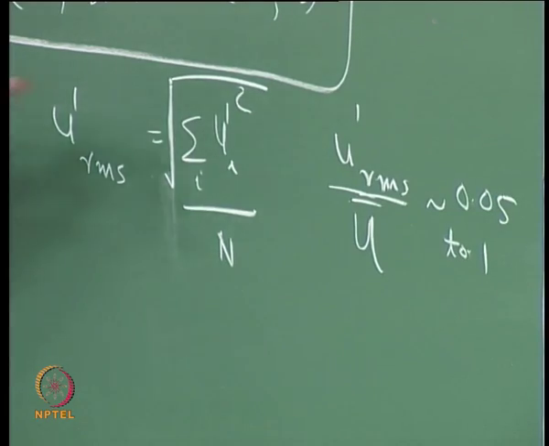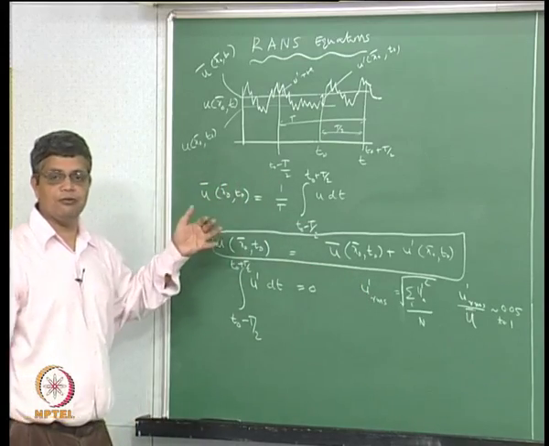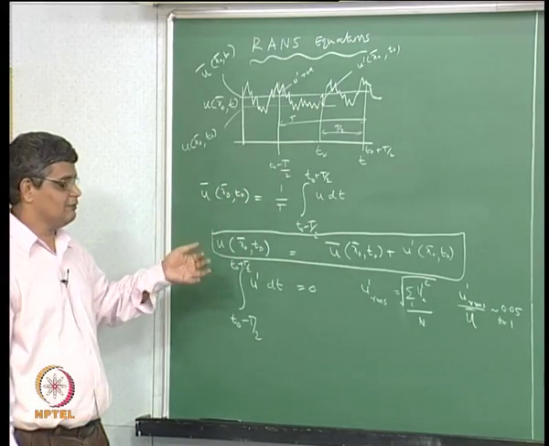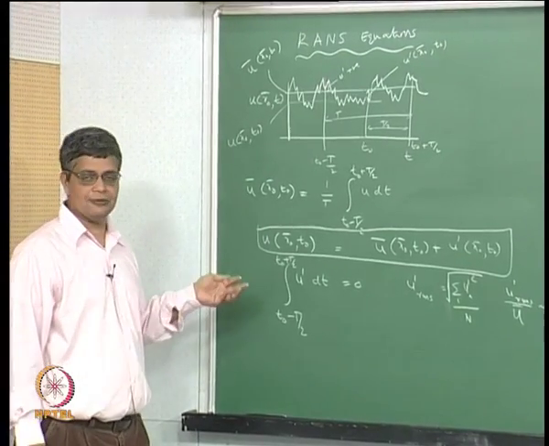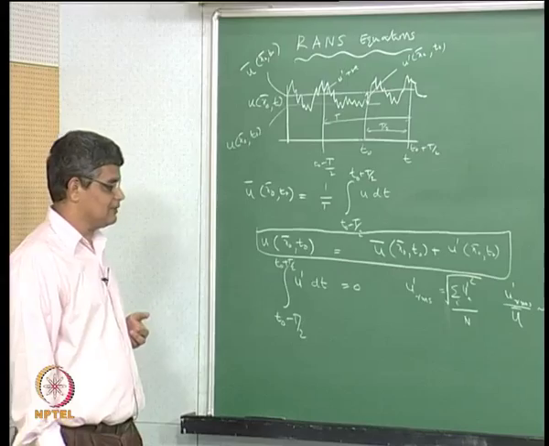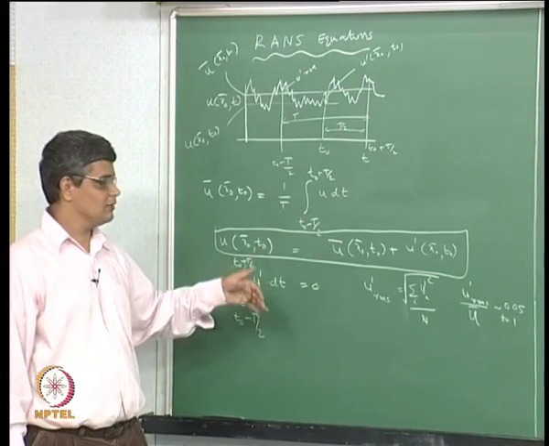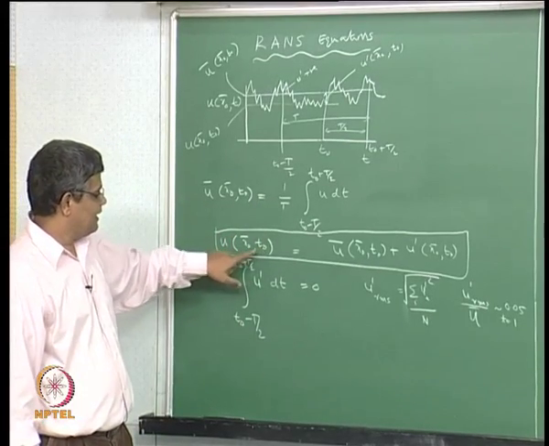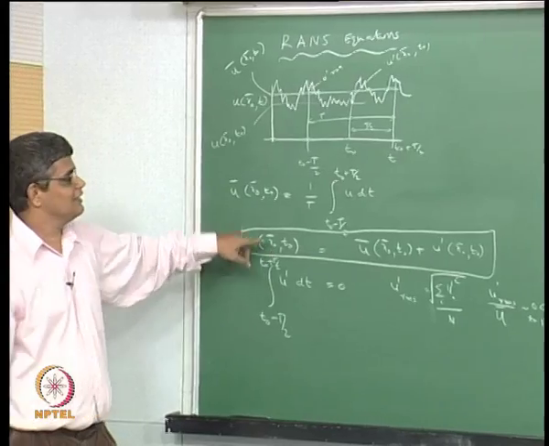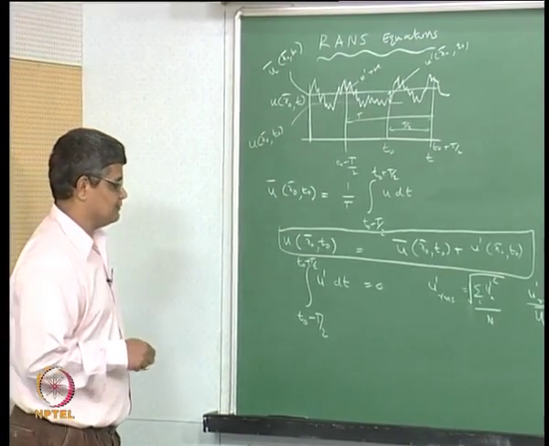But these small fluctuations are big enough to cause a 10-fold increase in the friction factor or even a 100-fold increase in the friction factor and heat transfer coefficients and mass transfer coefficients. And the 10-fold or 50-fold or 4-fold depends on the particular point of time and point of space that we are considering in a particular flow, and that is what is of interest here.